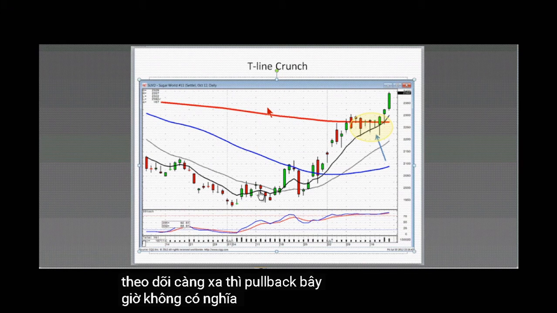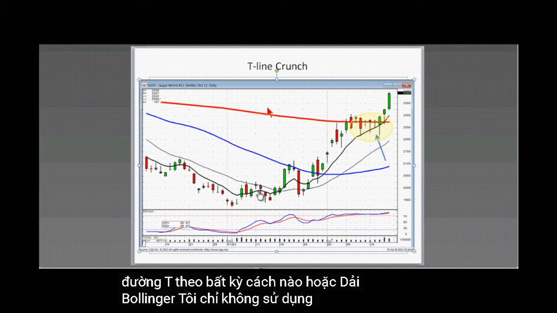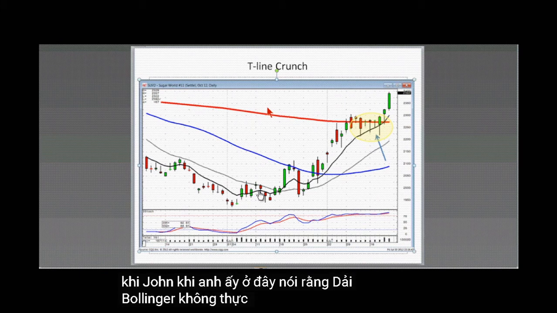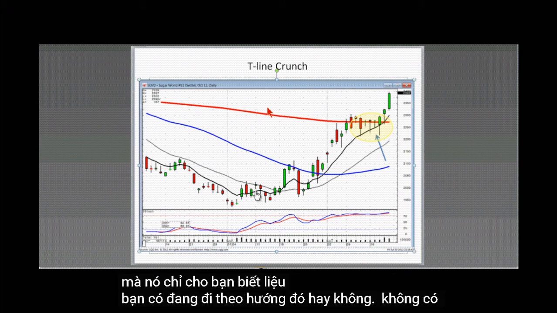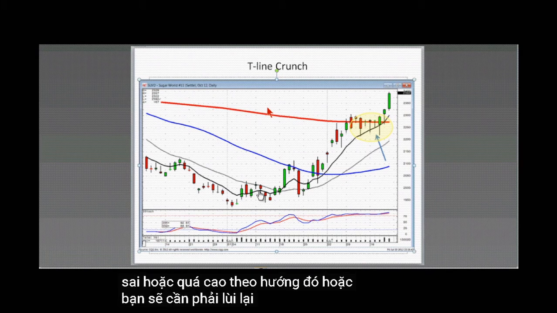Now, that's not to say that you can't use the T-line any way or the Bollinger Bands. I just don't use them. Even John, when he was on here, said the Bollinger Bands doesn't really give you direction. It just tells you whether the direction you're already in, whether you're out of whack or too high in that direction, or you're going to need a pullback.